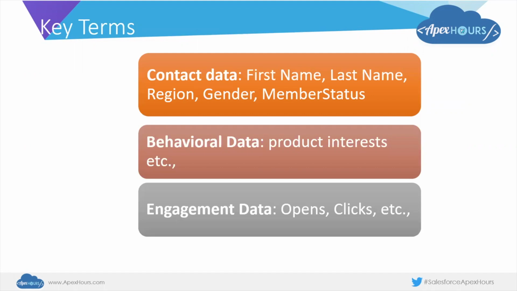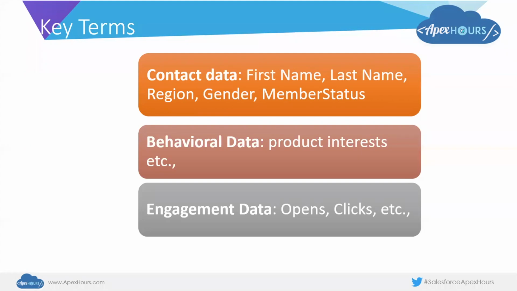Before we dive deeper, let's look at the common terms that we're going to use. Number one, the contact data. It can be any data that describes the contact. It could be the first name, last name, the state, address, country, region, gender, the membership status. Next one is the behavioral data.